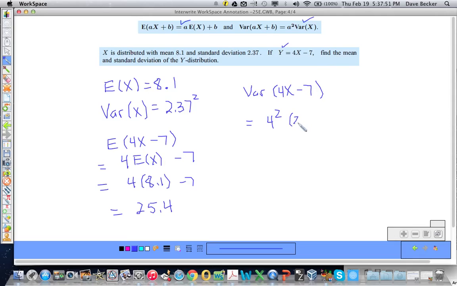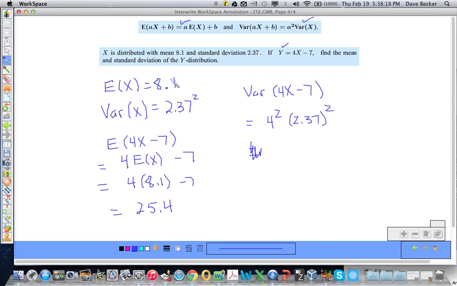I almost just said 2.37. 2.37 is a standard deviation, so of course we have to square it to get the variance. I didn't work it out ahead of time, so we're going to leave it like that.